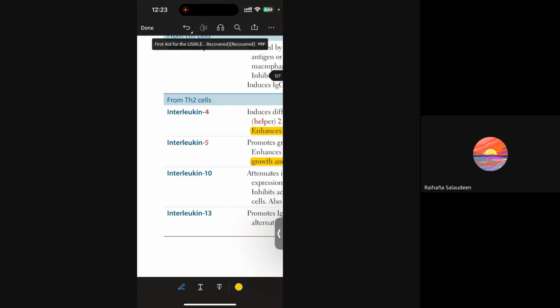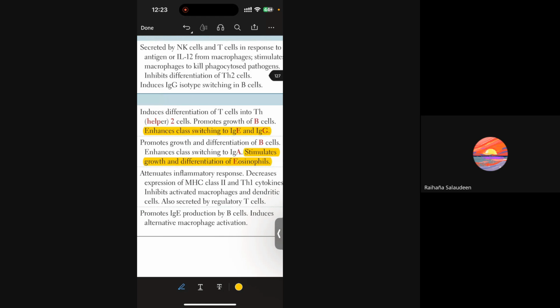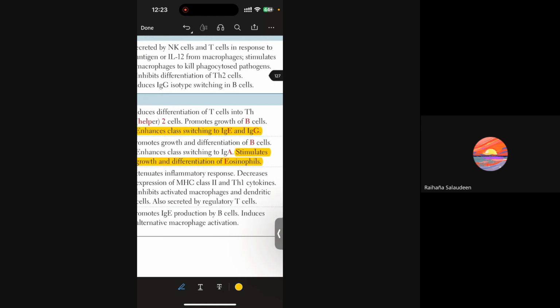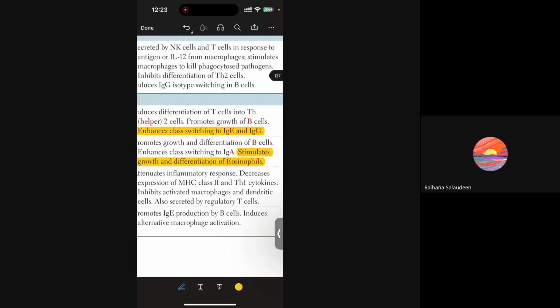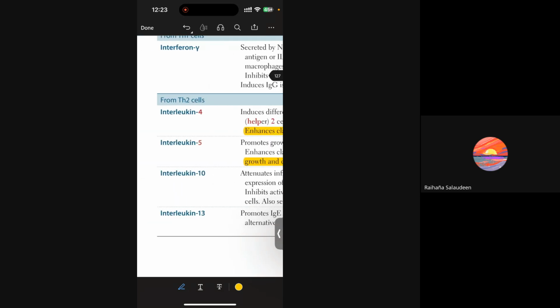Interleukin 5 is class switching of IgA, and class switching of IgE and IgG is the function of interleukin 4. Because he is asking in the question which interleukin is involved in class switching of IgE, not IgA. If the question is regarding IgA, then you can select interleukin 5.